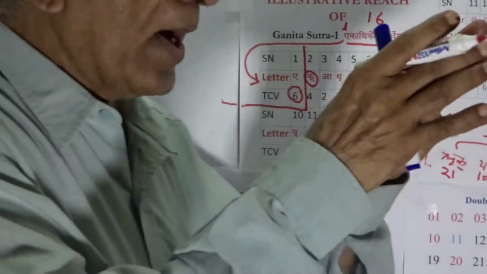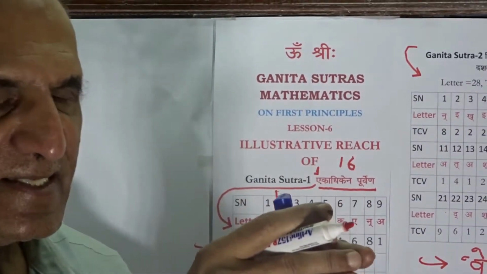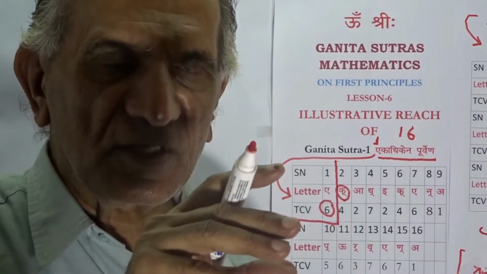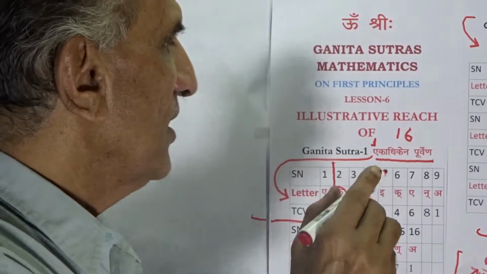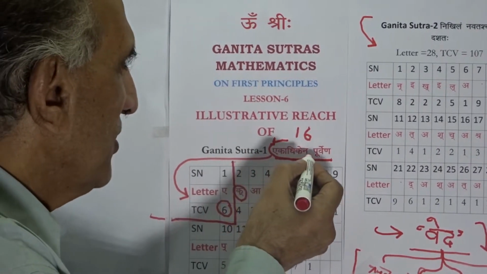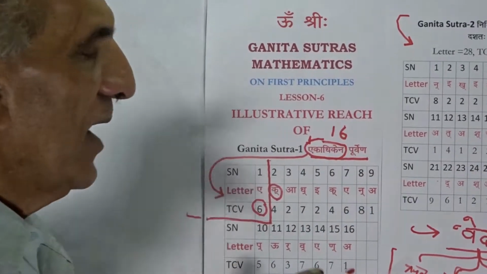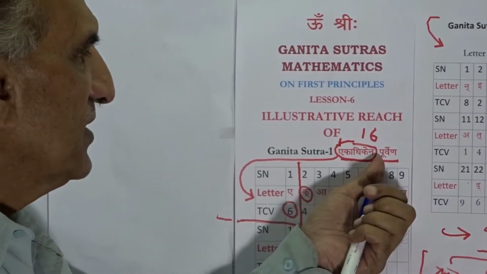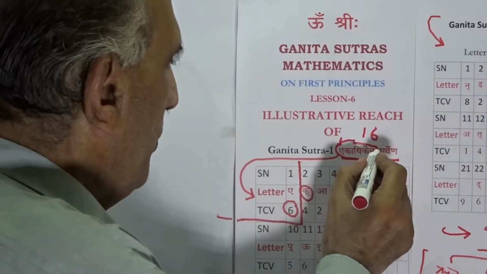So 1 is more than which value is the question which is inherent in Eka Adhikain, the first formulation of this sutra, and its answer is also in the second formulation, Purvain.